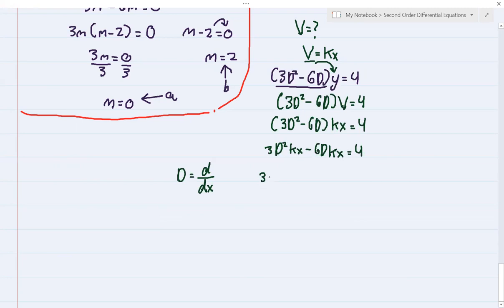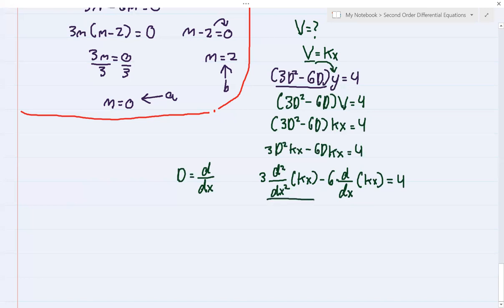So we will have 3 times d squared over dx squared of kx, minus 6 times d over dx of kx, is equal to 4. Now you're going to get the derivative of your kx.